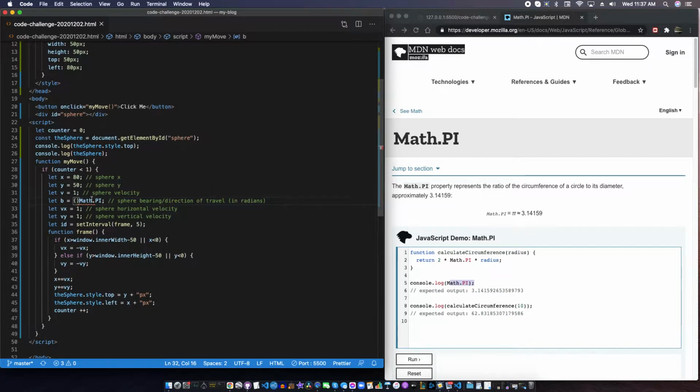So if here's my center, this is 0 radians, 0.5 pi radians, 1 pi radians, 1.5 pi radians, and then 1.75 pi is going to be the same as 135 degrees.